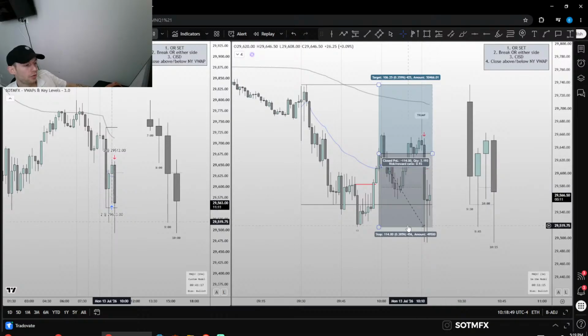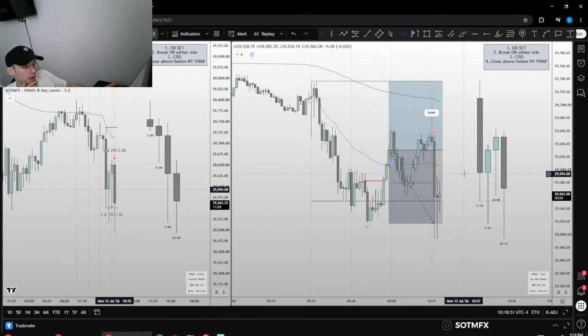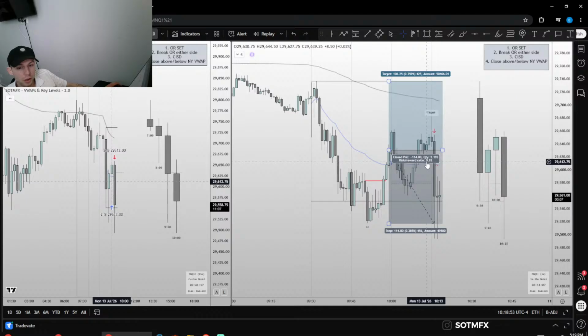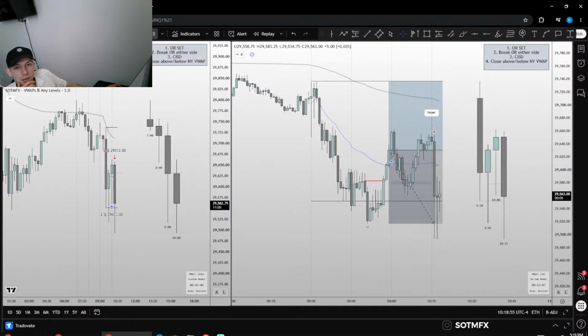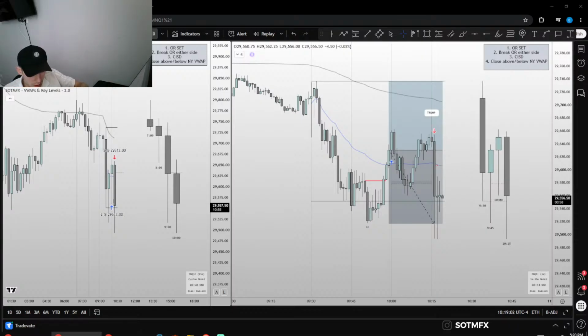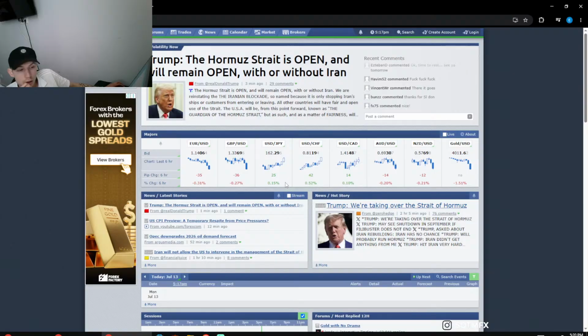I'm not interested in anything at this point because I took my trade already. That was once again Trump news. The Strait of Hormuz is open and remains open. That's completely fine.